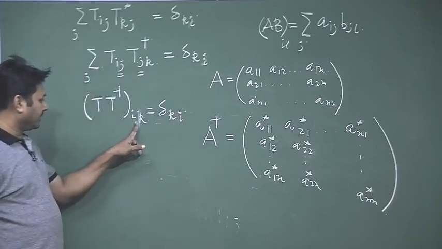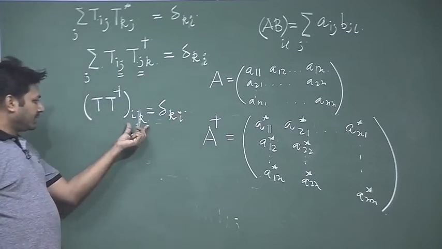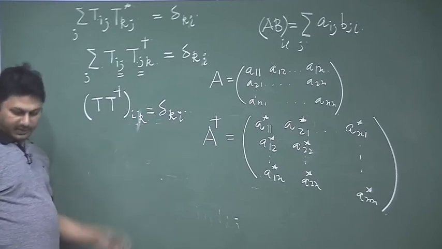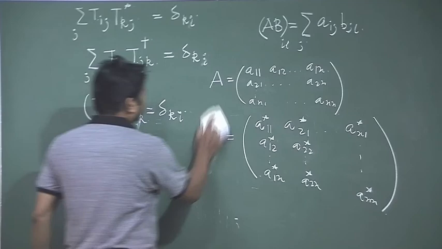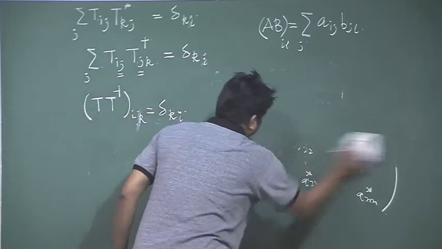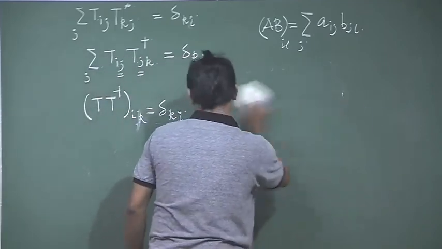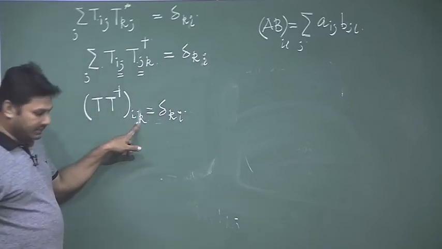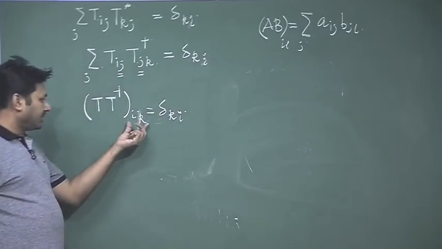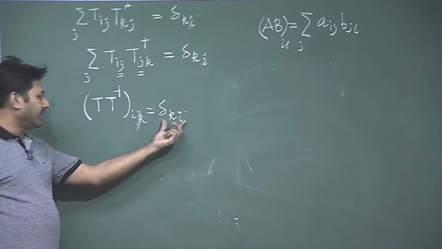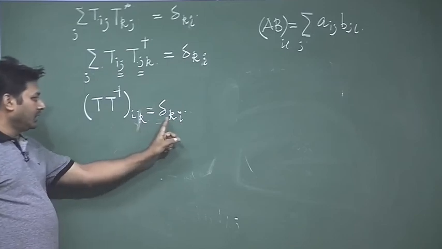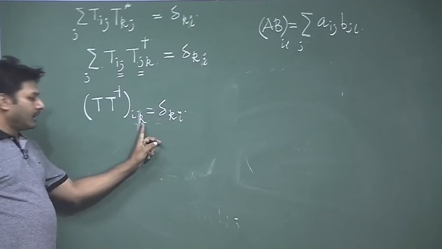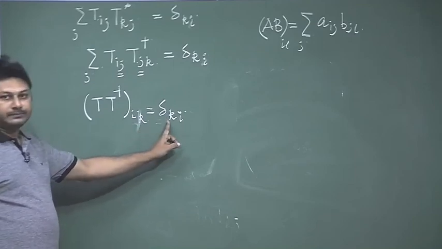So that means T dagger components I generalize, I know now what the components are here. If I look carefully, then I will find a beautiful thing: the T dagger ik component is equal to this quantity. That means when i and k are not equal, this is 0, and when i and k are equal, this is 1.